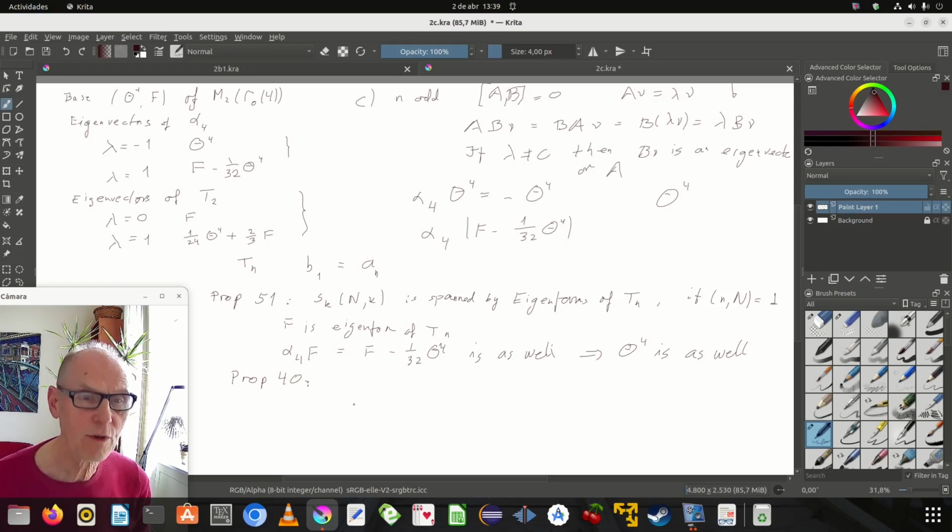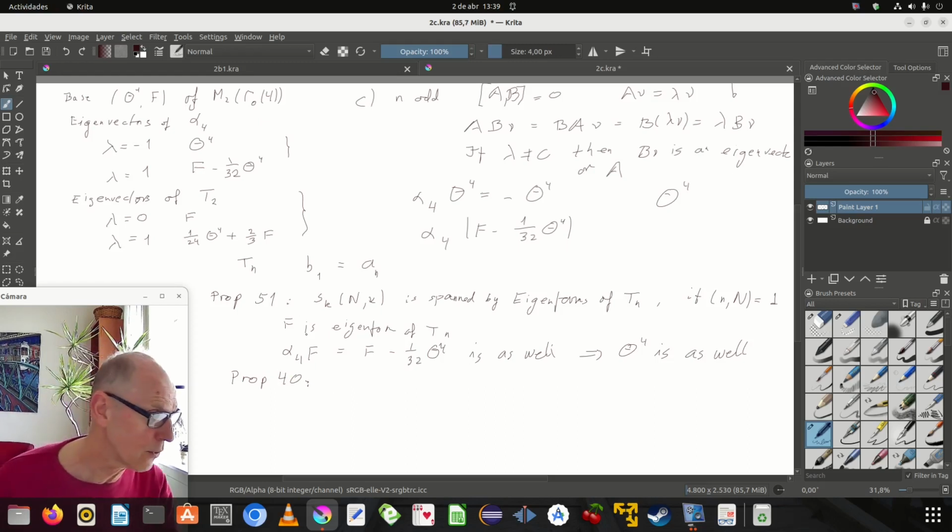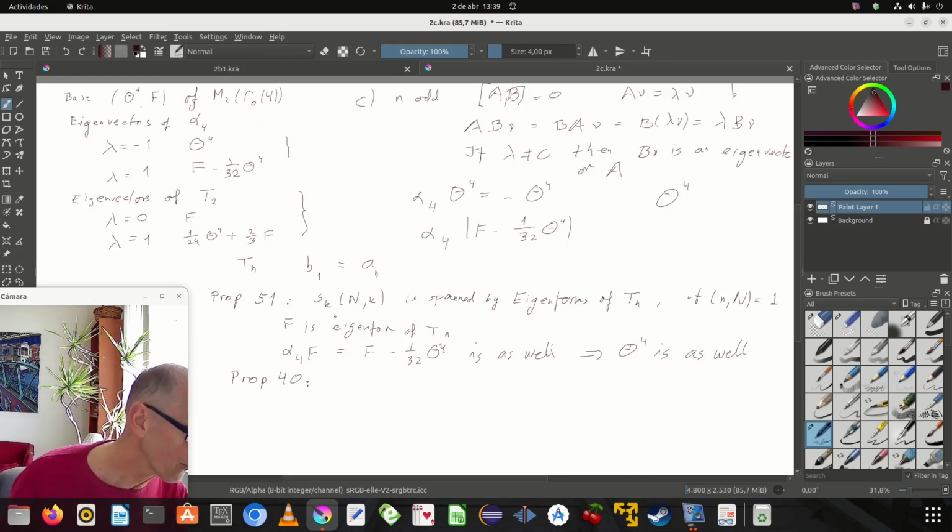It fails for cusp forms, but it holds for theta to the fourth.